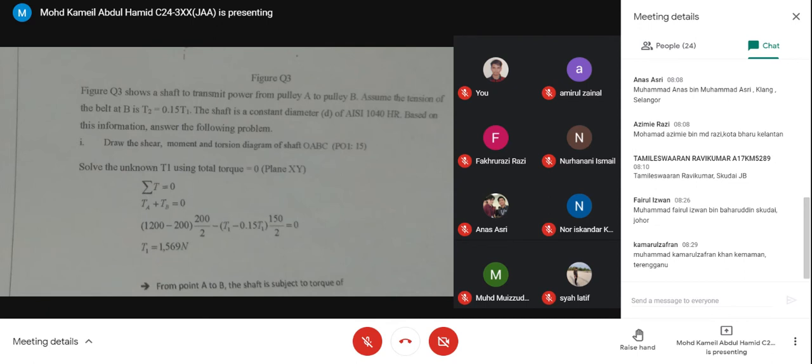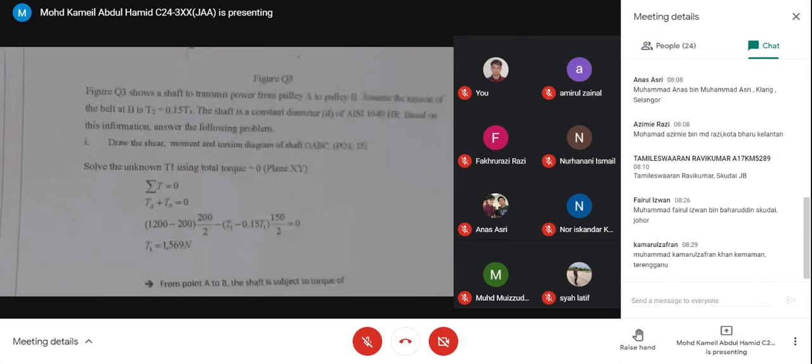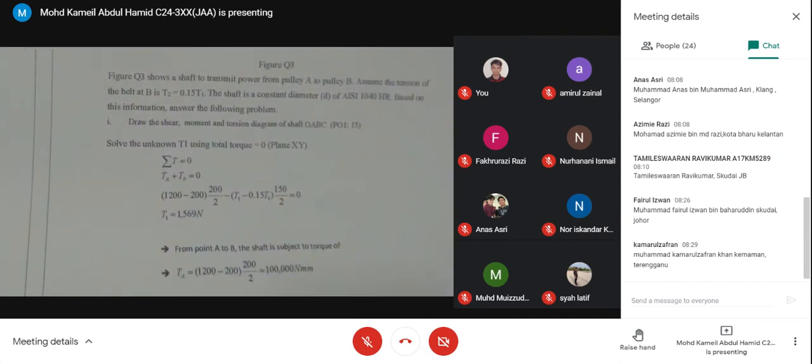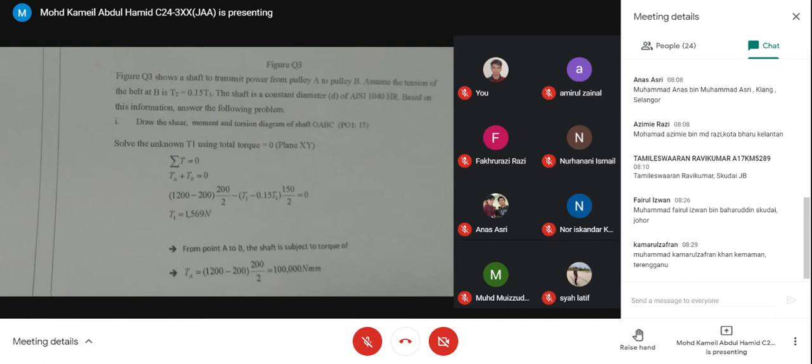Okay, and remember untuk this kind of problem, the maximum torque will be considered to be between point A and point B, between pulley A and pulley B lah. So from point A to point B, the shaft is subjected to the torque with the value of, boleh kira sebenarnya.